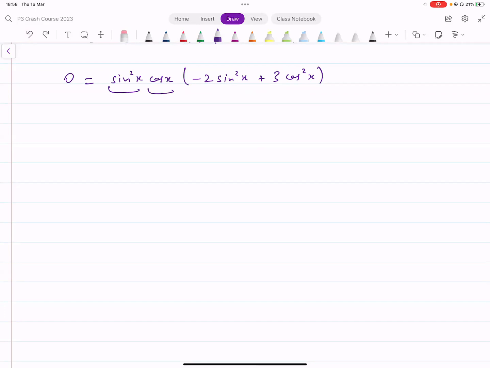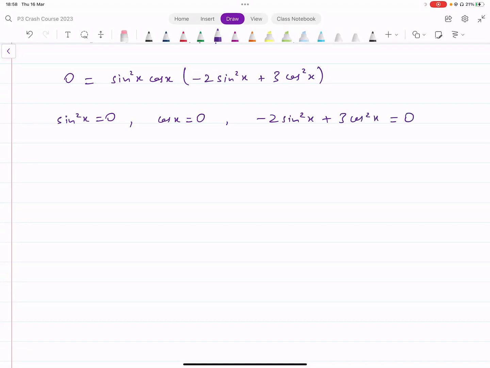We have three expressions being multiplied, and the result is equal to 0. That means either sine square x equals 0, or cos x equals 0, or the third one, minus 2 sine square x plus 3 cos square x, equals 0. We get three equations from that.